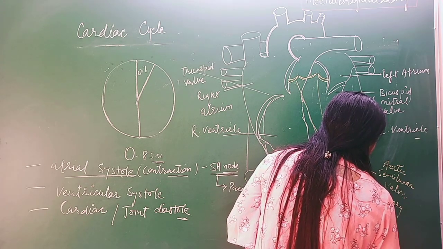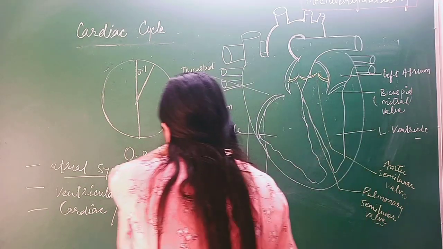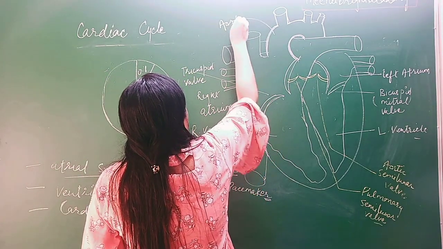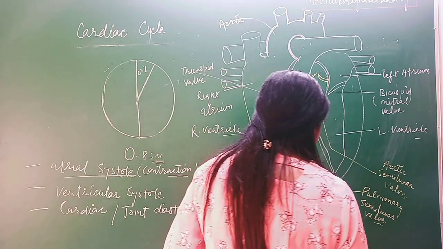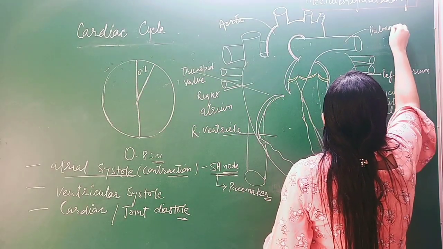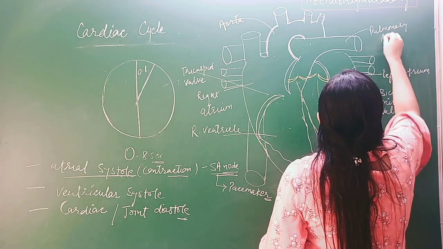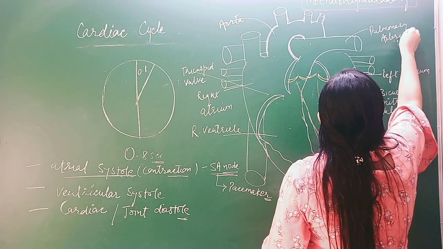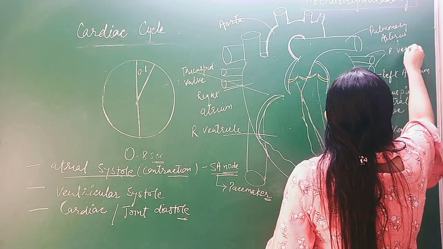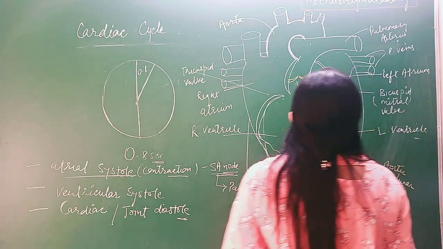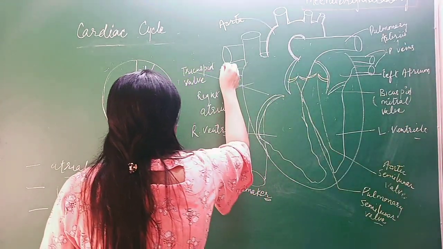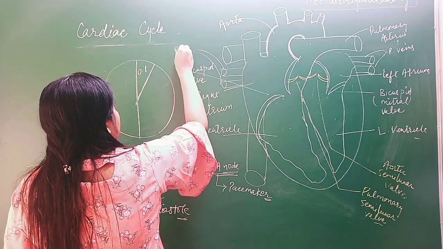This is the aorta, and these are the pulmonary arteries, and these are the pulmonary veins. This is the left pulmonary vein, and this is the right pulmonary vein.